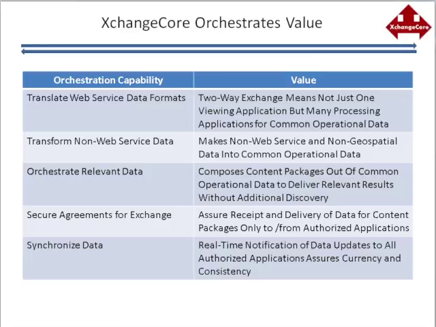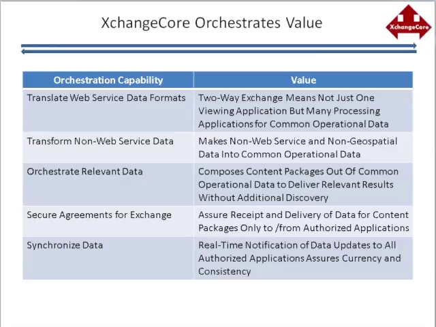And if you're waiting on the cycling through web services or the discovery of changes, you have the potential for being out of sync. So synchronizing data, pushing it to the authorized applications makes certain that you have that currency and the consistency of view across there. So XchangeCore is, through its orchestration, providing some significant value.